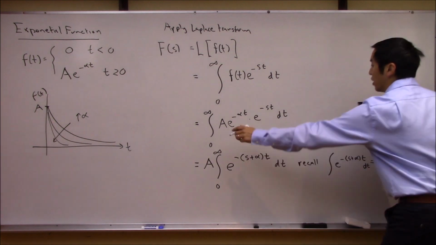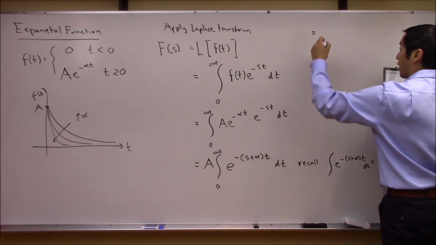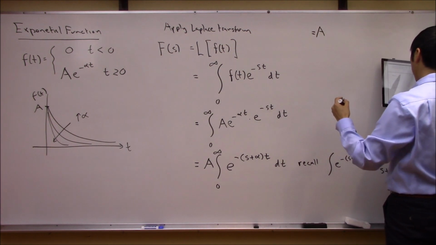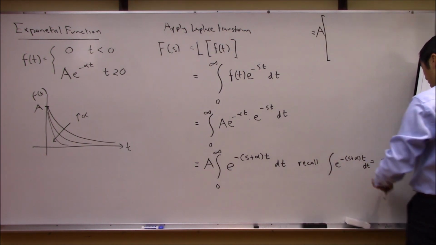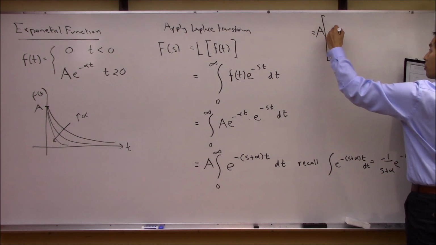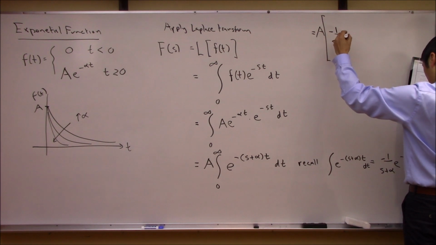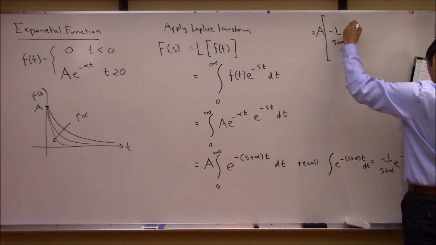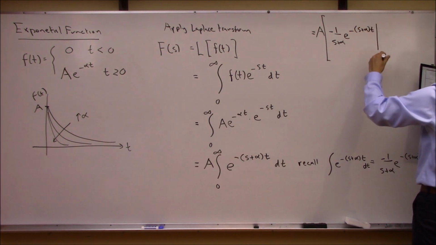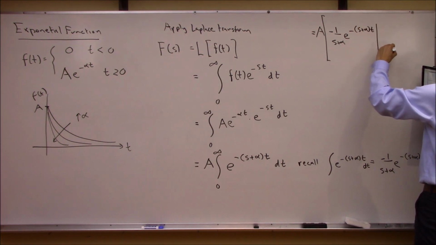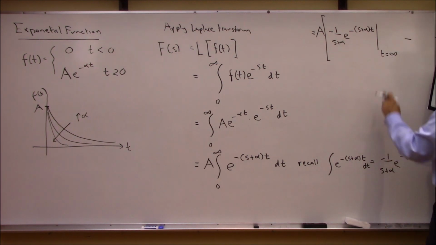So let's jump all the way up here where we get a little more room. I've got a on the outside, and then I'm going to have to evaluate this thing: minus 1 over (s plus alpha) e to the minus (s plus alpha) t evaluated at t equals infinity, minus this thing evaluated at the other limit.